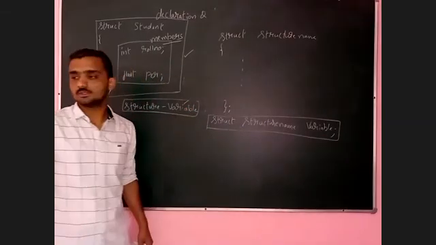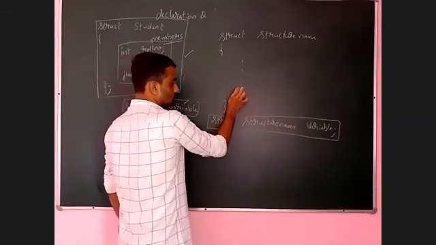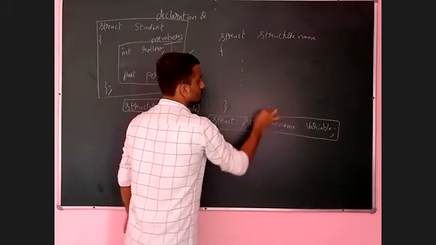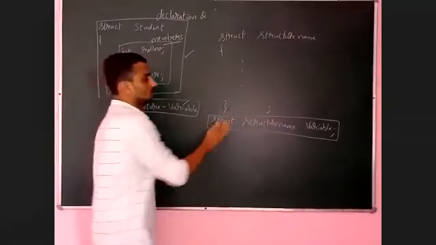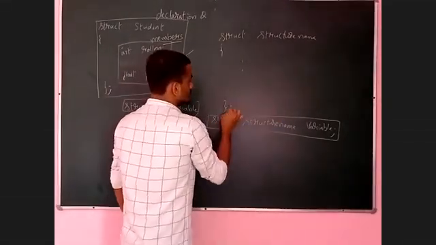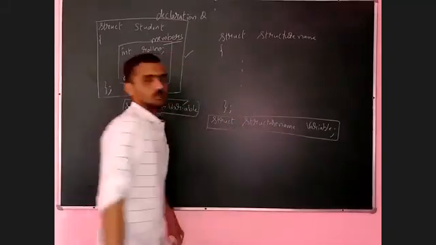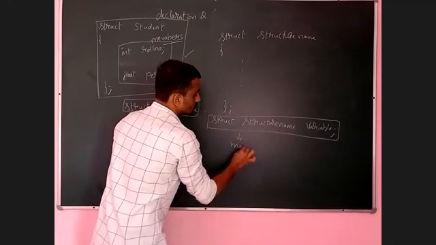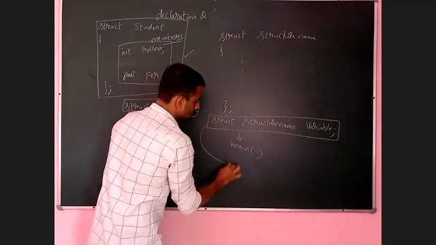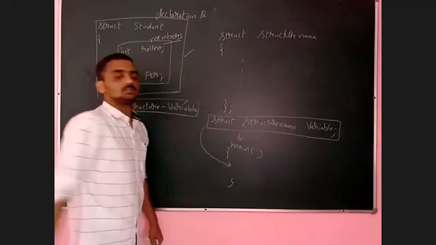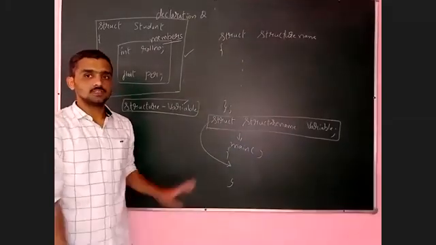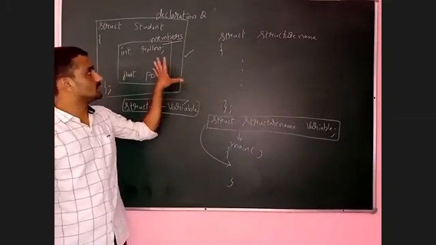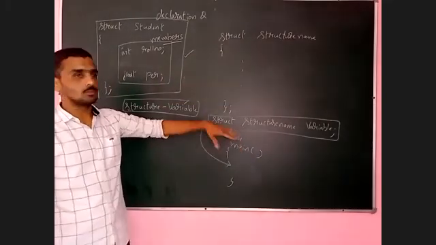Understood? Either remove the semicolon, write the structure variable, then put the semicolon, or else put the semicolon here and write the structure variable on the next line. Even in the main function we can write this line. I say main function because this declaration part we will not write in the main function; we write it above the main function.